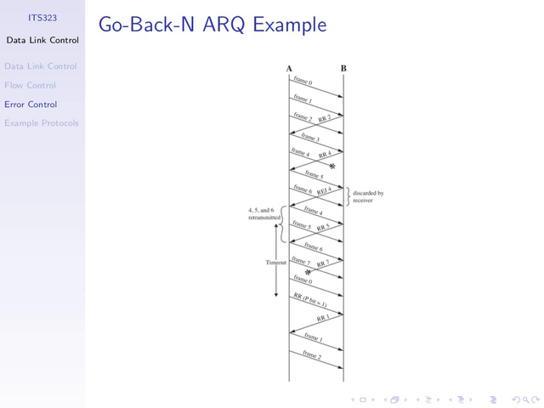Once A receives this ACK, or receive ready 1, it acknowledges all frames before 1, which is 0, 7, 6 and 5. So this is an ACK that in fact acknowledges 1, 2, 3, 4 frames. And then we can move on to the subsequent frames.